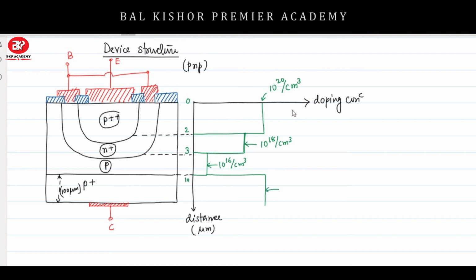Here at the P plus, the doping concentration is of the order of 10 to the power 20 per centimeter cube. So this is the doping concentration profile.